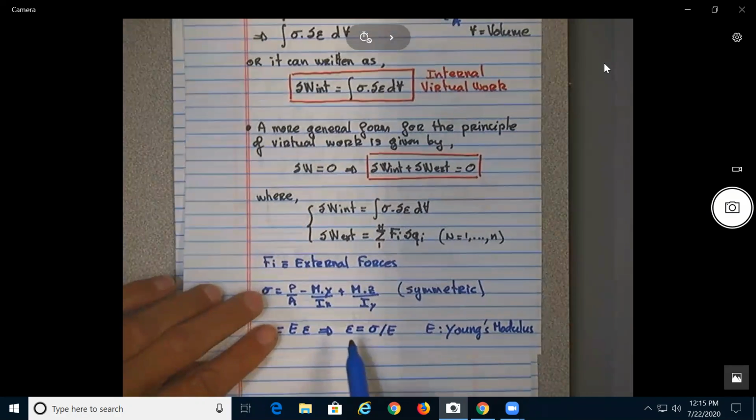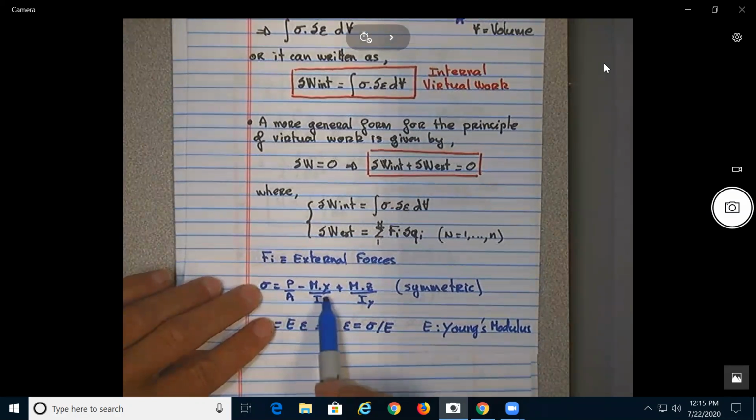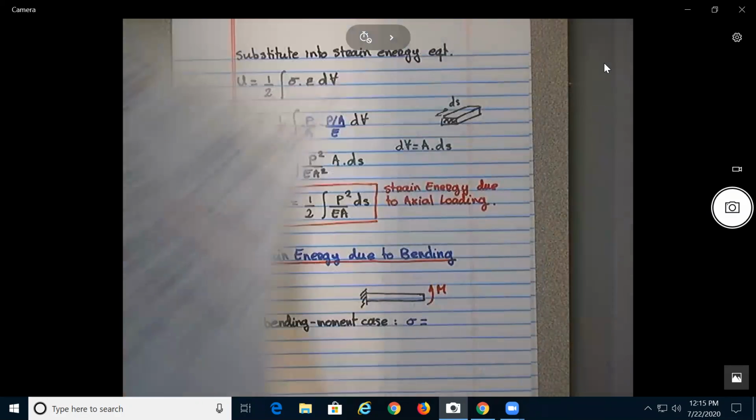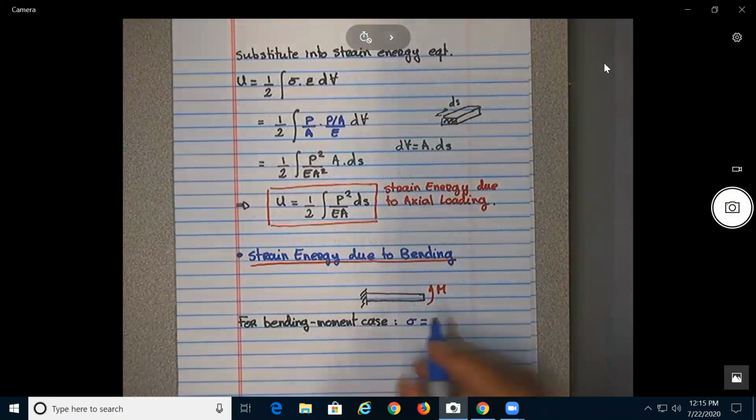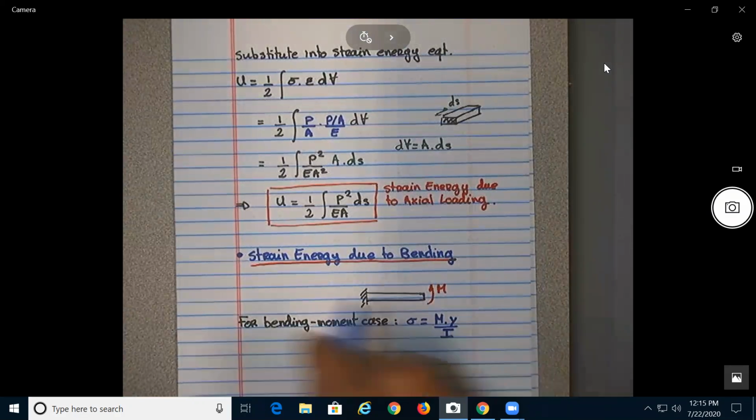If it's only bending in one direction, we just have the expression My over I.